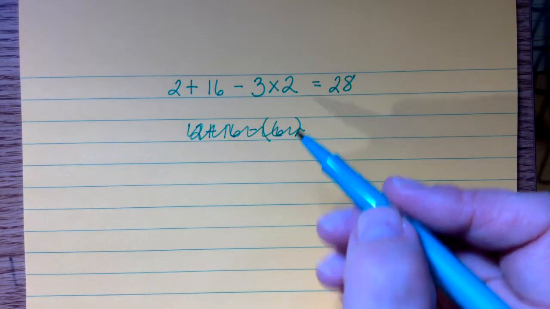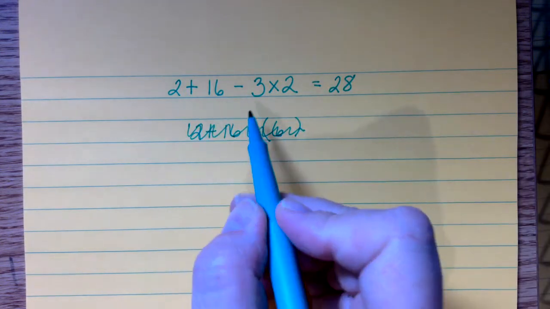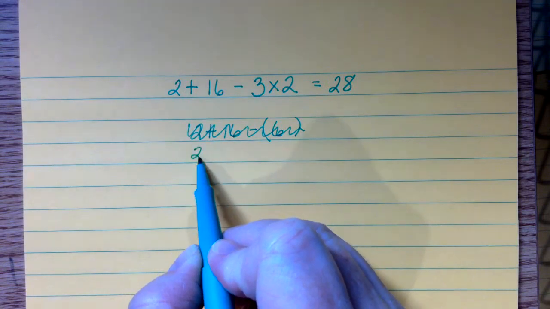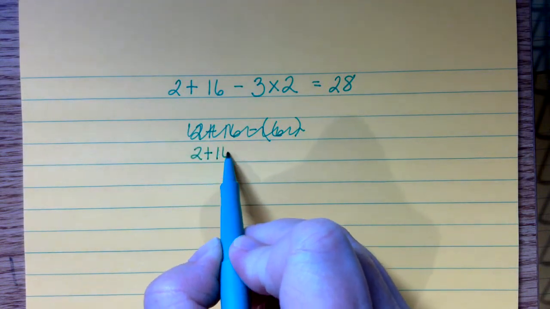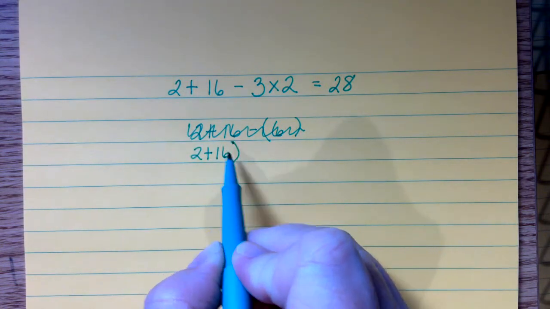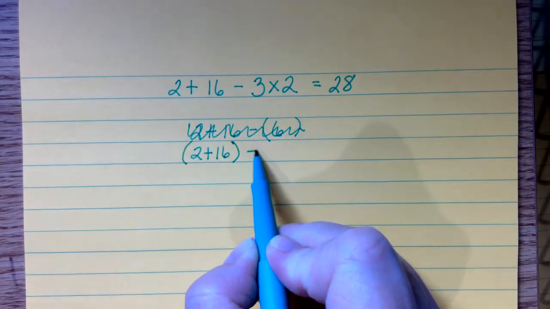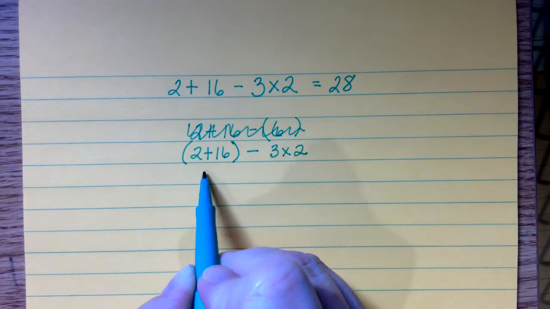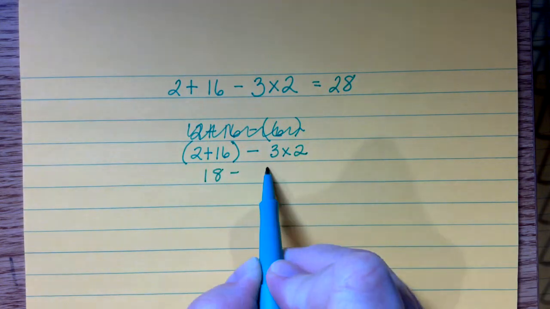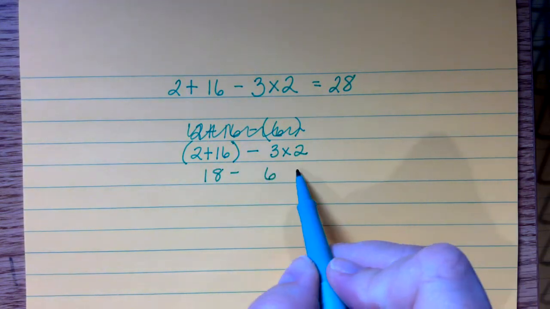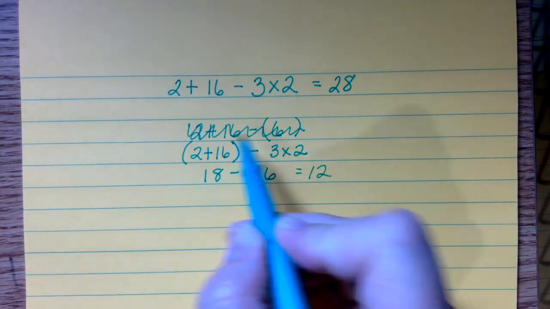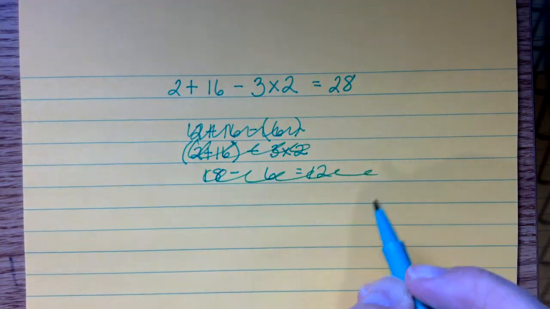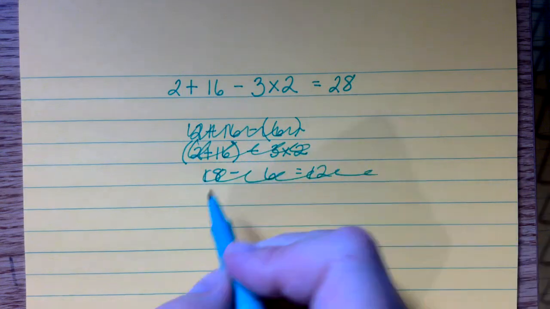Then I might try 2 plus 16 in parentheses minus 3 times 2. That would give me 18 minus 6 again, so that would give me 12. That's not 28.